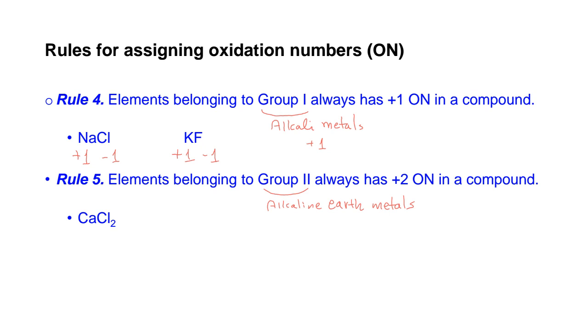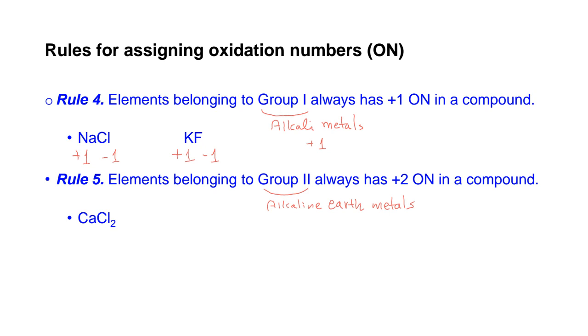Rule number 5 is very similar. It states that the oxidation number of group 2A elements is +2, and you can remember that group 2A elements tend to have a +2 charge when they form an ionic compound with a non-metallic element.